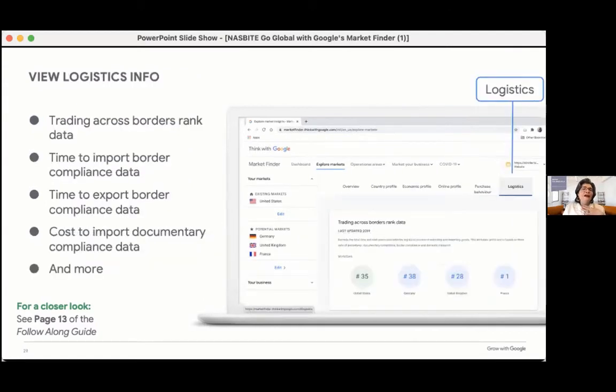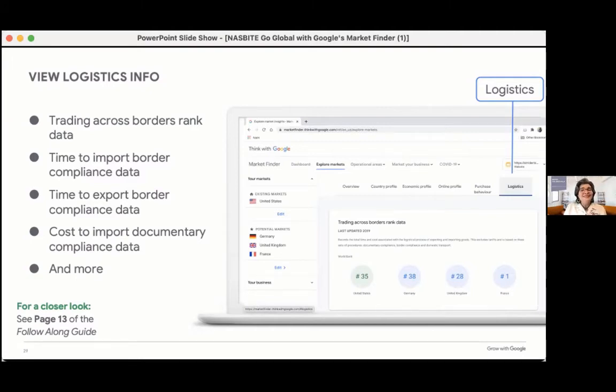Finally, you get lots of insights into the logistics of selling in these markets. These will give you an idea of the costs you might incur and the time it might take to deal with the regulatory issues, compliance, customs, transit, all those things associated with doing business across borders. That can give you lots of headaches.